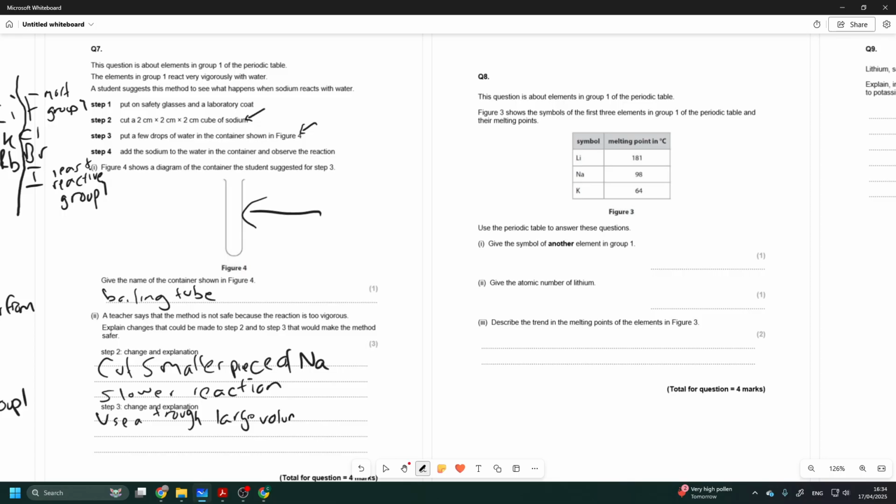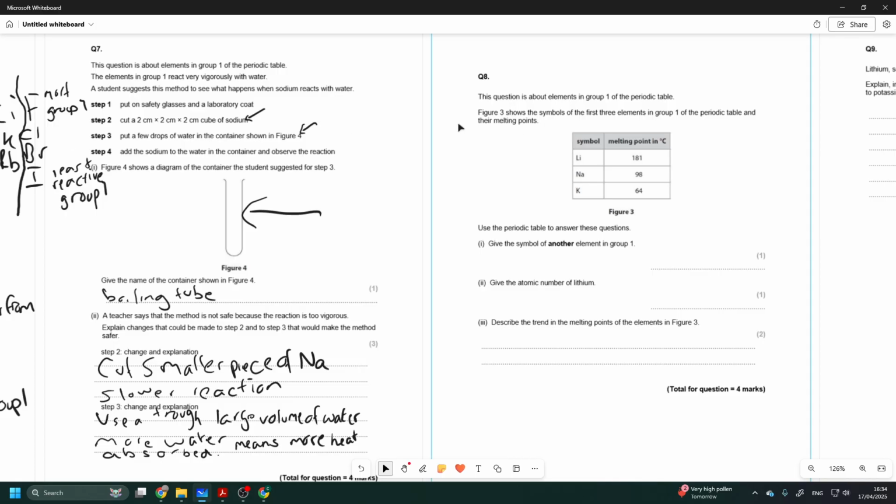That's what I would do. More water means more heat absorbed. That's what it means.